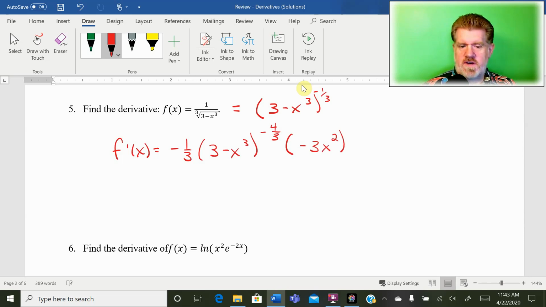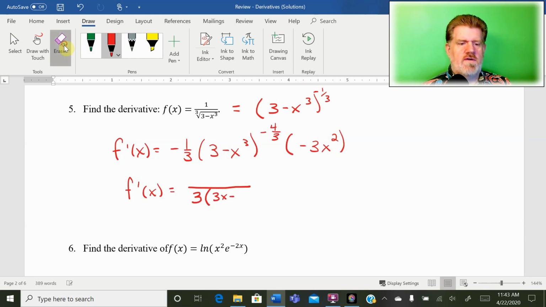So again, that's the unsimplified version, and it's fine. Let me just clean it up a bit, because I always feel the need to do that. All right, this negative and this negative are going to cancel out. Here's what we got. The 3 is on the bottom. Oh, I missed something else that canceled, but I'll do it later. This 3 minus x cubed, negative 4/3. So 3 minus x cubed to the 4/3.